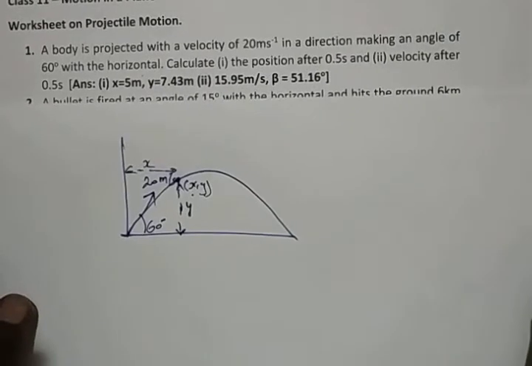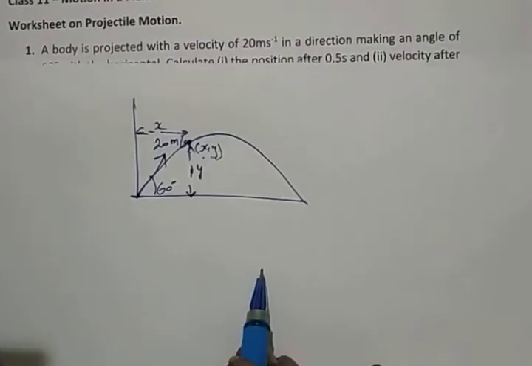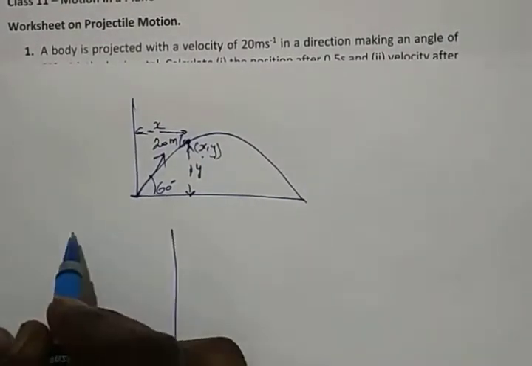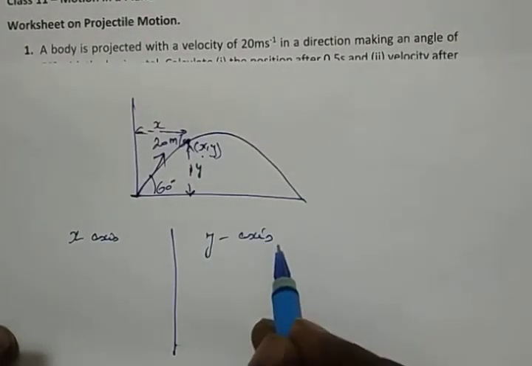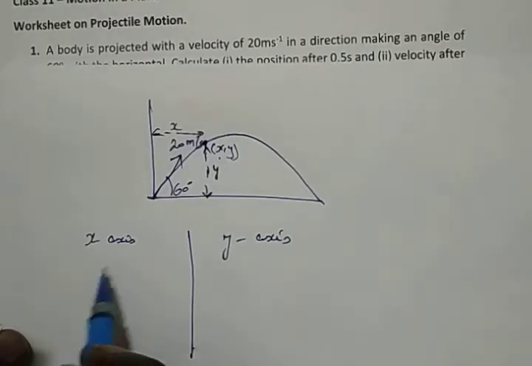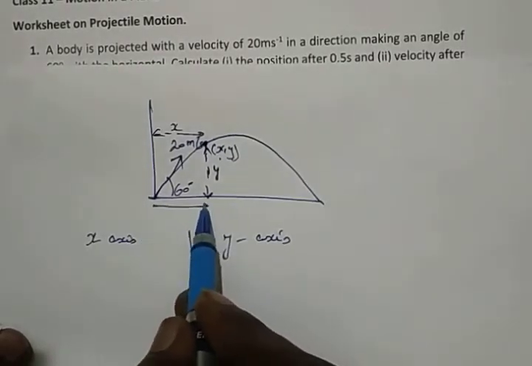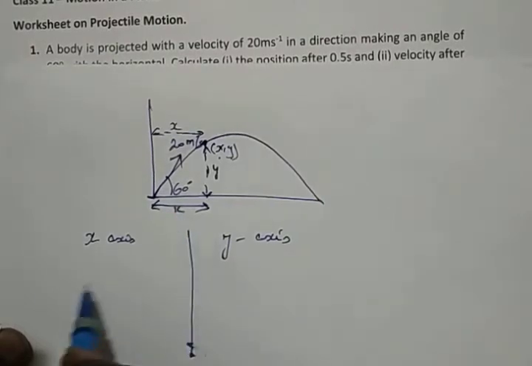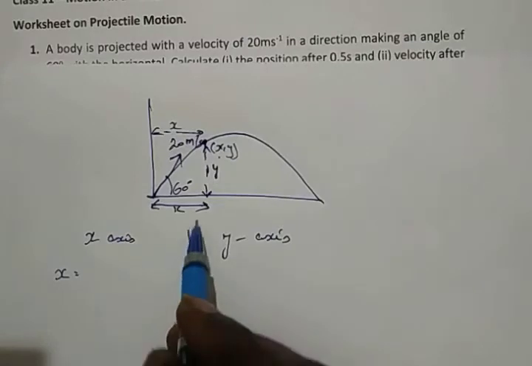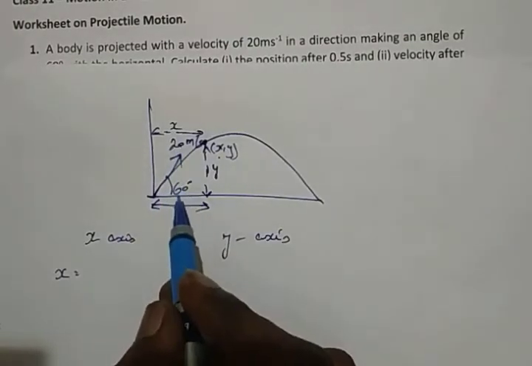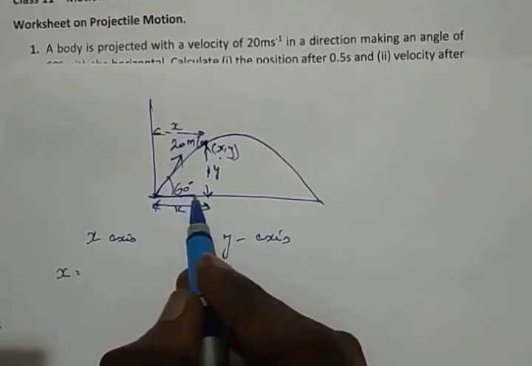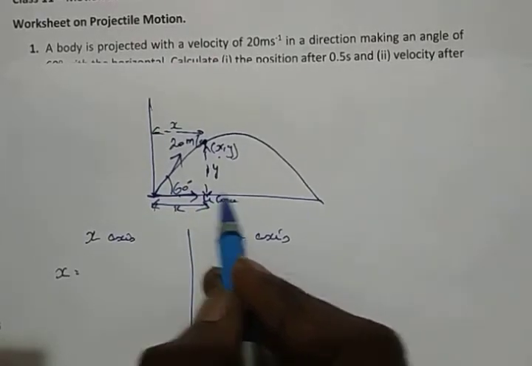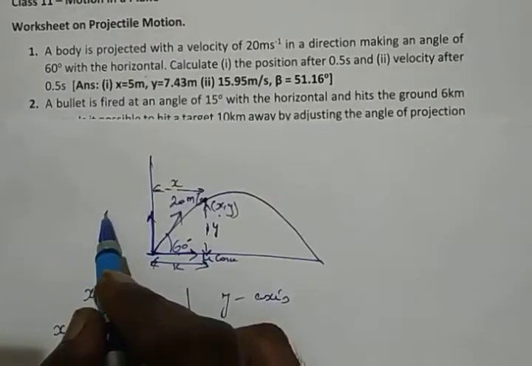When you make this kind of diagram, consider two things: along the x-axis and along the y-axis. What is along the x-axis? You need to find the position x. The u and 60 degrees can be resolved into 2 components: this is u cos theta and this is u sine theta.